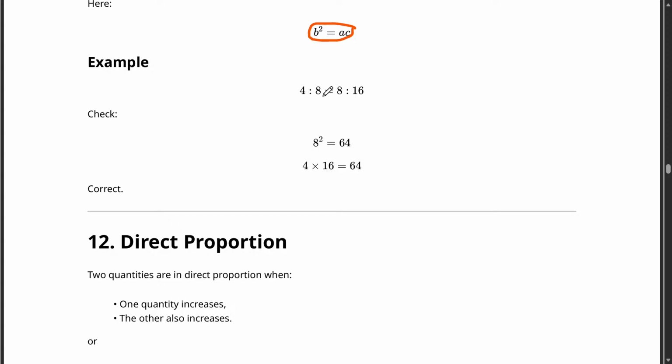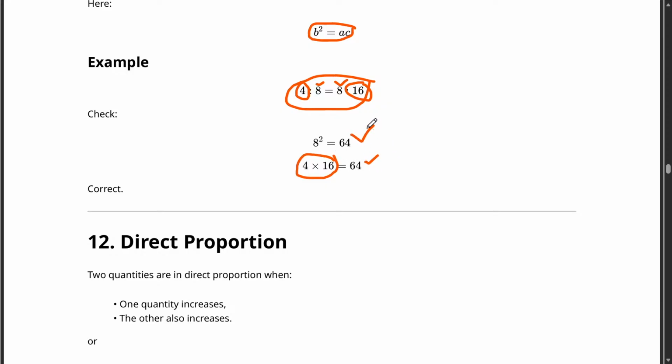You can check it by this example. 4 is to 8 equals 8 is to 16. Here 8 is B, so B square equals 64. And this 4 is A, and this 16 is C. If we multiply AC, then we also get 64.